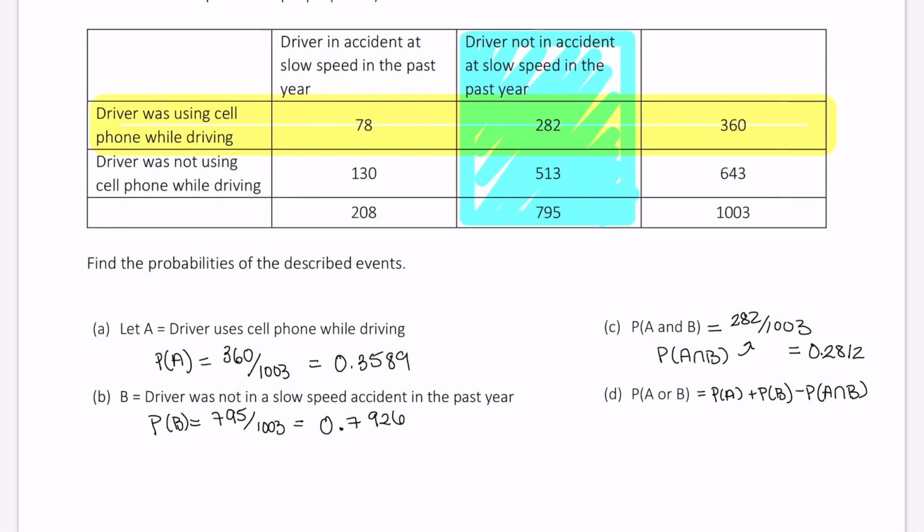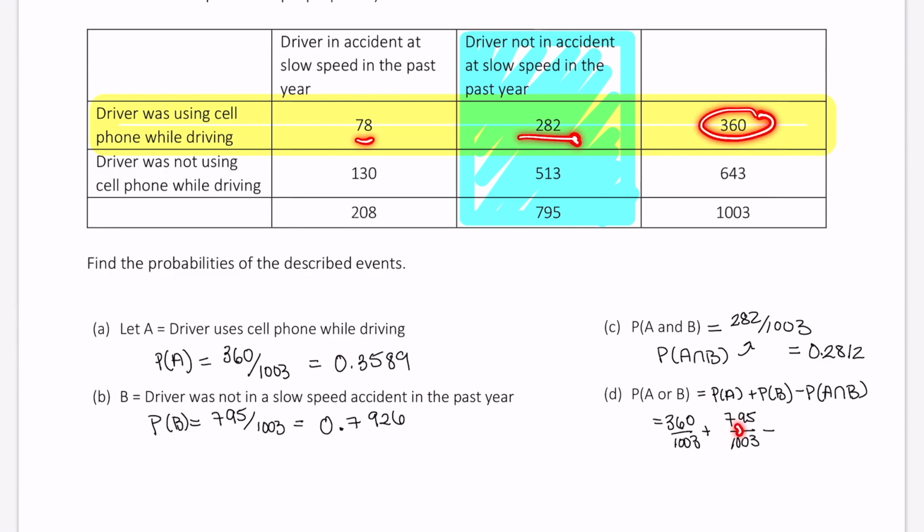So remember, the probability of A that a driver is using their phone, we did 360 over 1,003. And then to that, we're going to add the probability that a driver was not in a slow speed accident this past year. That's 795 out of 1,003, which we've already done. And then we're going to subtract. And again, notice that when we added up 360, we added up 78 plus 282.